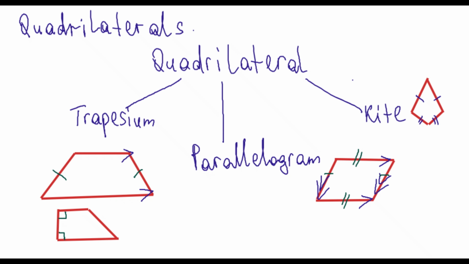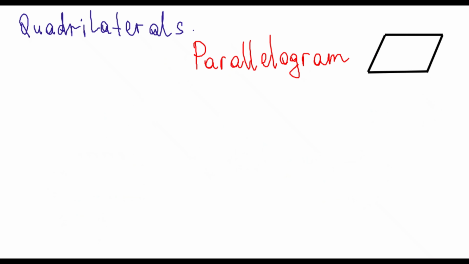You can think why this quadrilateral is still called trapezium, because as we talked before, trapezium is a quadrilateral with one pair of parallel sides. You can find that pair of parallel sides here. These sides are parallel to each other, so this is trapezium and this is right angle trapezium.